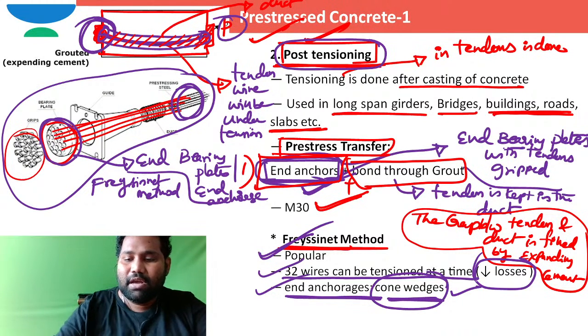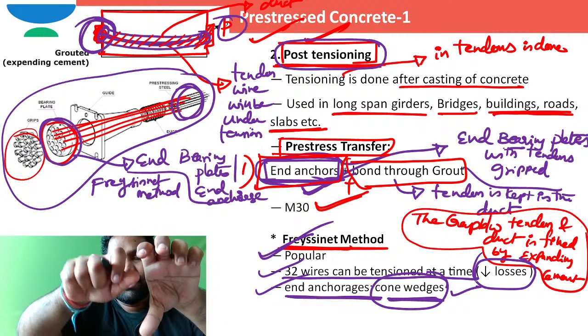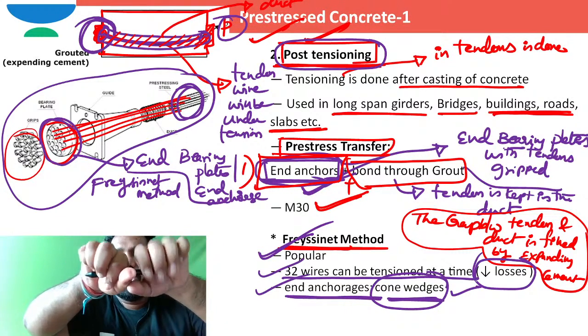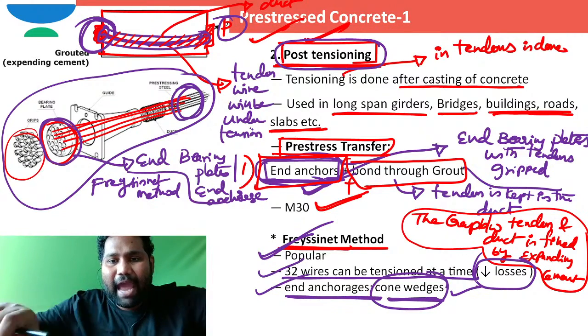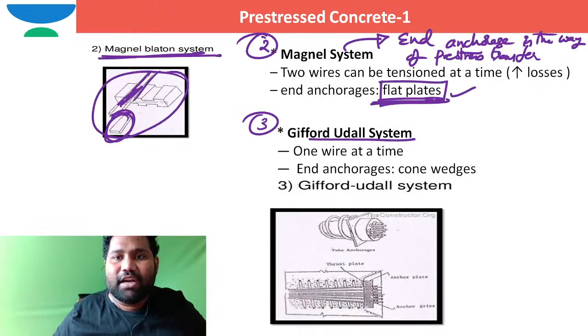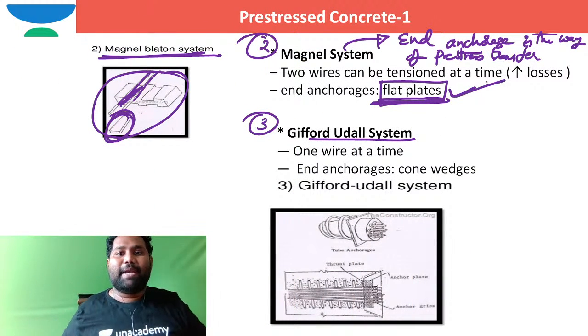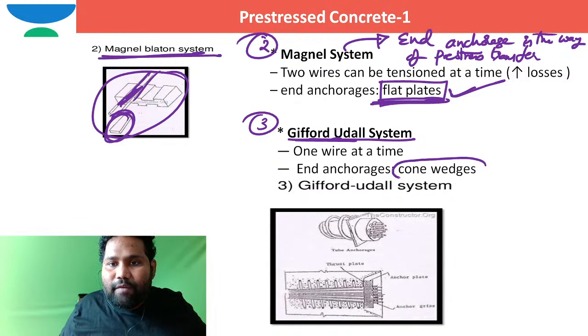There, holding of those tendons happens with the help of cone wedges, whereas here in the Magnel system it happens with flat plates. In the Gifford-Udall system, end anchorages are also cone wedges. I hope you are able to see this clearly.